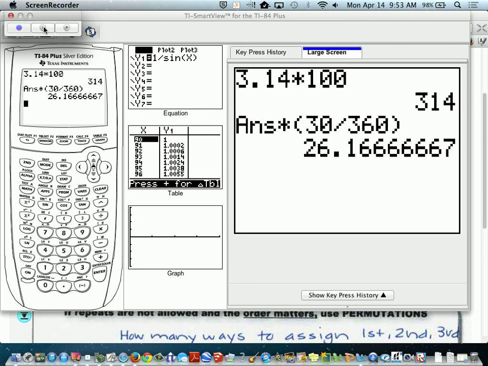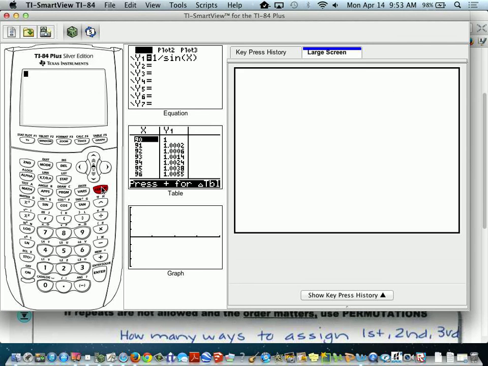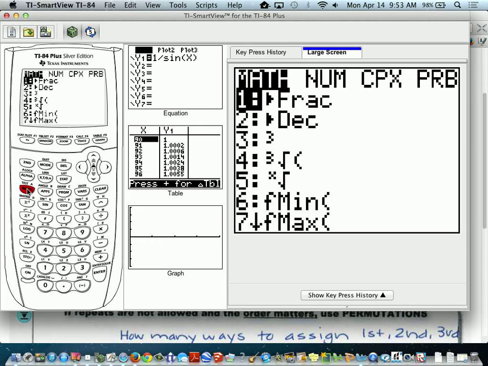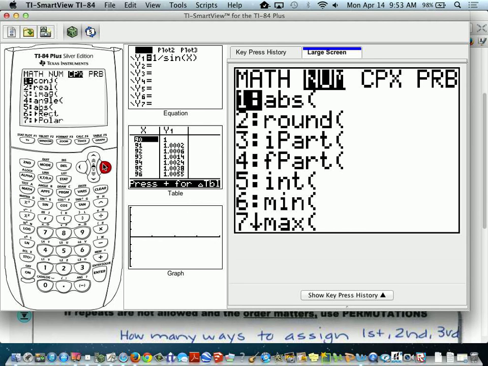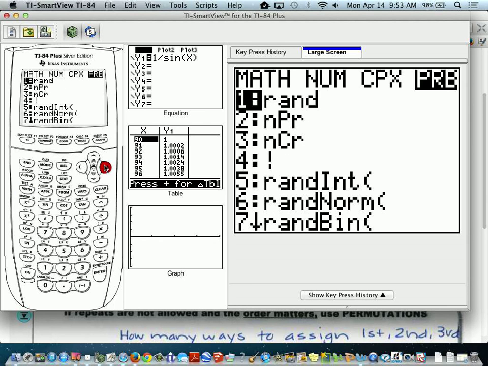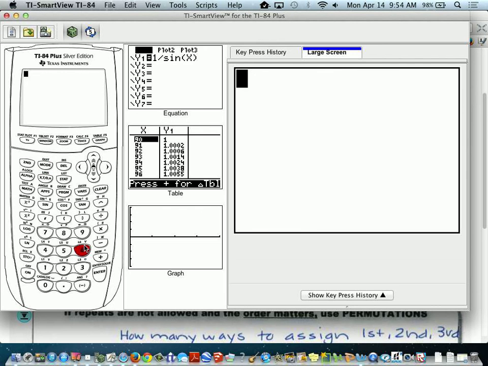I'm going to show you this quickly. So on the calculator, the factorial, you're going to go into math, slide over to the probability menu, and we'll do some of these NCRs, NPRs, but there's your factorial number 4. So the 6 factorial is what we did.